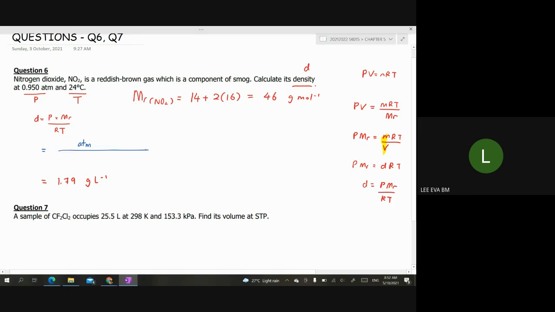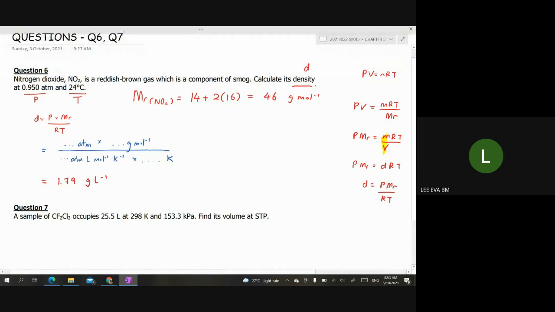So pressure in atm. Then the molar mass we have in gram per mole. And then gas constant, if you still remember, we got atm liter per mole per Kelvin. Temperature awak sudah tukar dalam Kelvin kan, so dia ada unit Kelvin. So how are you going to get your unit?